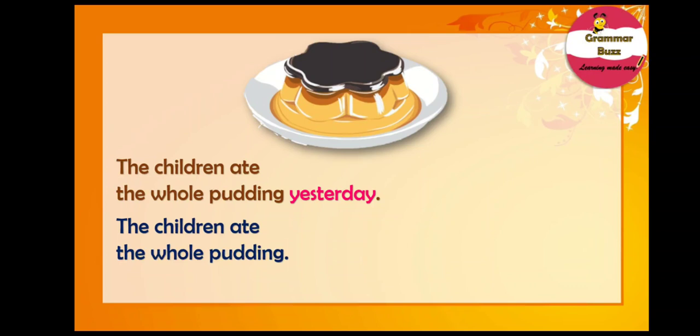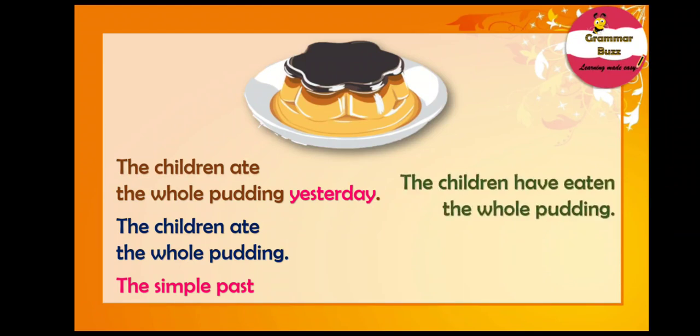This sentence is also in the past tense. But what about this sentence? It says, the children have eaten the whole pudding. It is definitely not the past tense, but it is the present perfect tense.